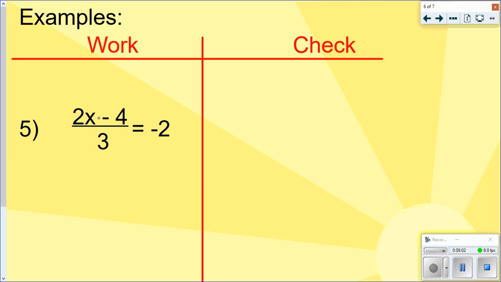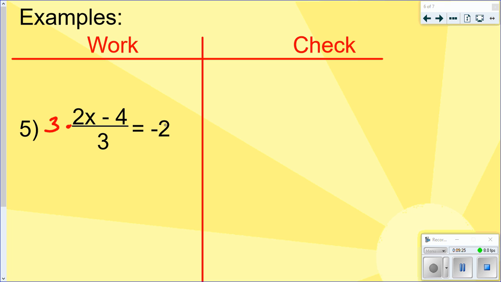This is 2x minus 4 over 3. So the first step in this is not to add or subtract to both sides. When you have one that's set up like this, the first step is to multiply both sides by whatever number is down here in the denominator. So if there was a negative number down here, you'd multiply by a negative.